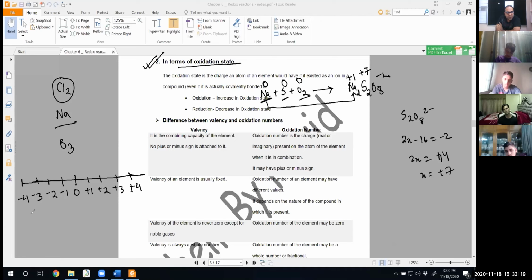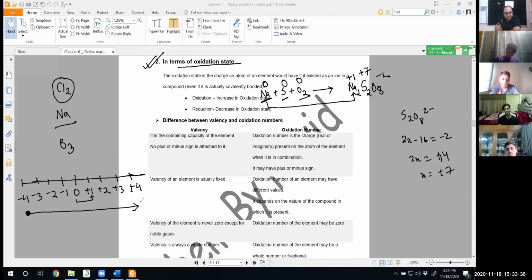So whenever your change is going to move from the left-hand side to the right-hand side, look, it's changing from 0 to +1, so it's moving from left to right.